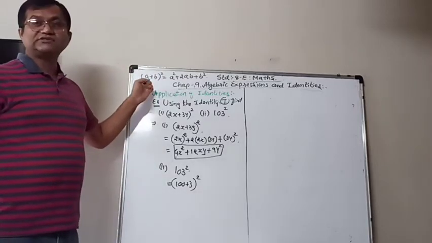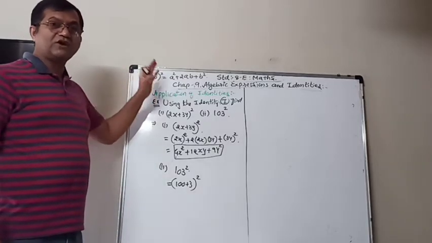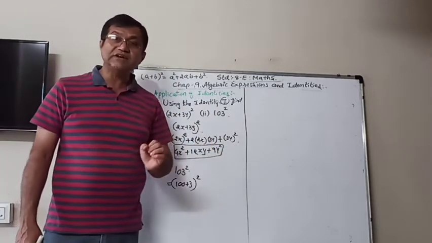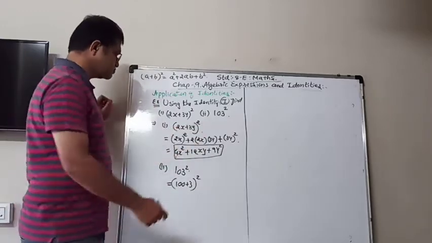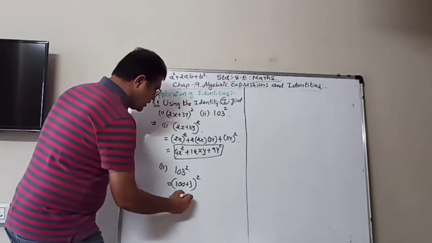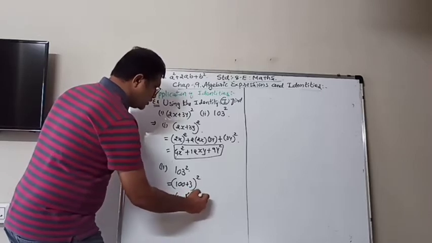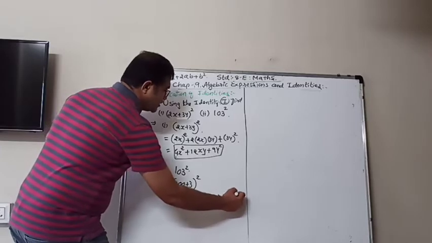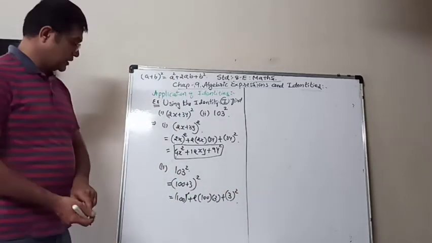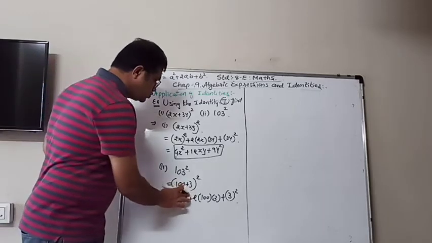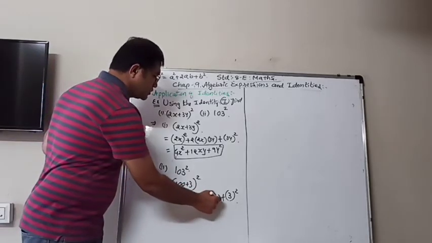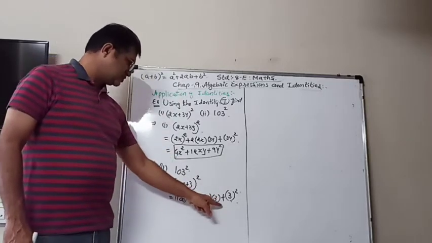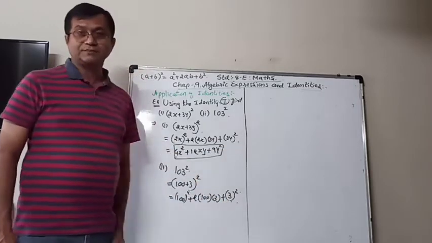Now use this identity, (a plus b) whole square. In place of a here it is 100, in place of b it is 3. So we follow it like this: a square plus 2ab plus b square, meaning 100 square plus 2 into 100 into 3 plus 3 square.